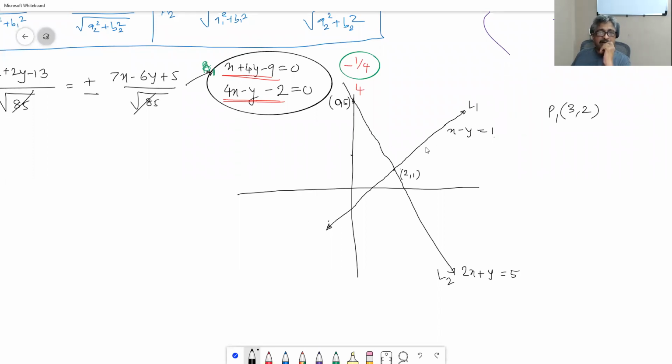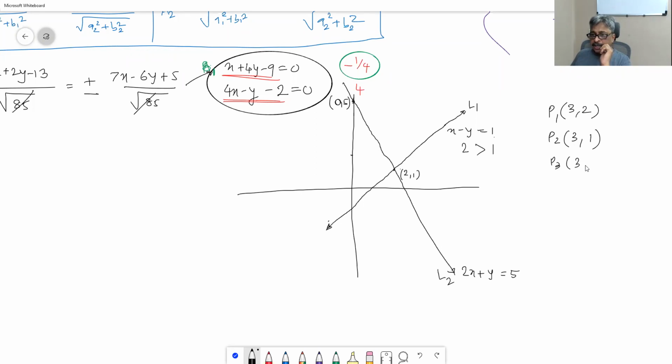That means it is on L1. Take P2 as (3, 1). Is it on L1? No. If I put (3, 1), I get LHS 2 and RHS 1, so it is the greater-than inequality, and this point is below this point.